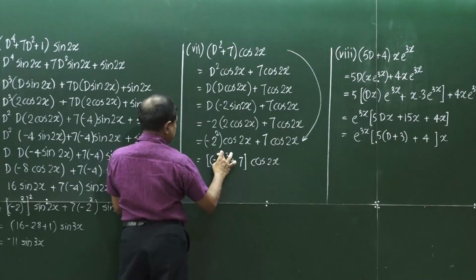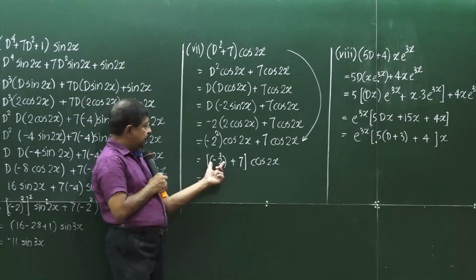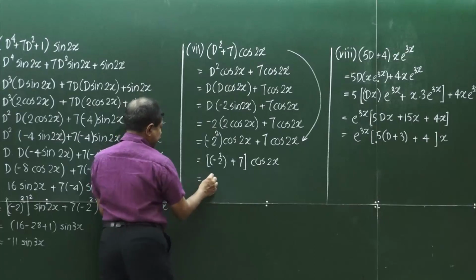This row. Square should come inside. This is minus 4 plus 7, 3.